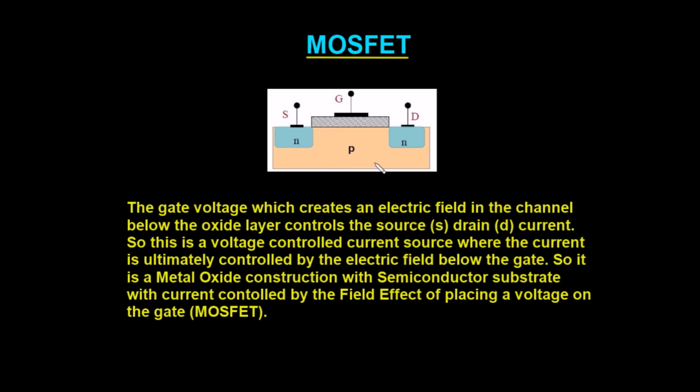So what we have here is a MOSFET. So we have the metal on the gate, the oxide insulating layer, the semiconductor material here, so that's the MOS sandwich, and it's a field effect transistor, so it's controlled by the field effect of the gate to substrate voltage.